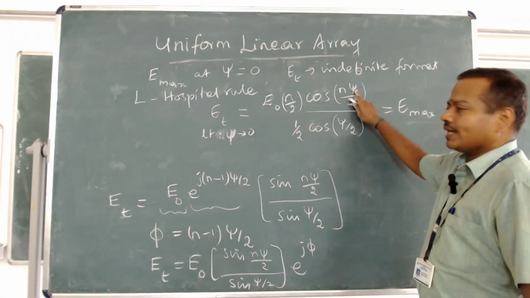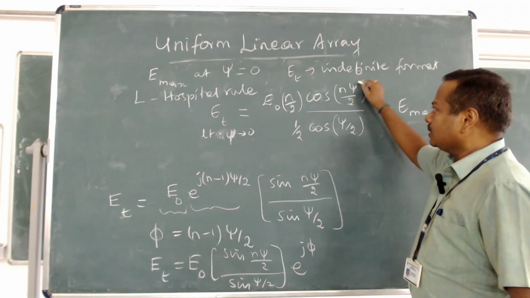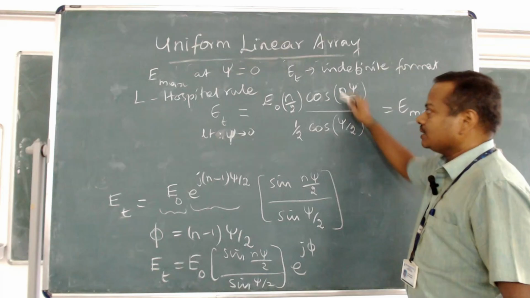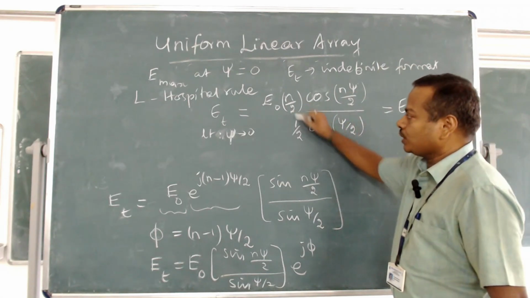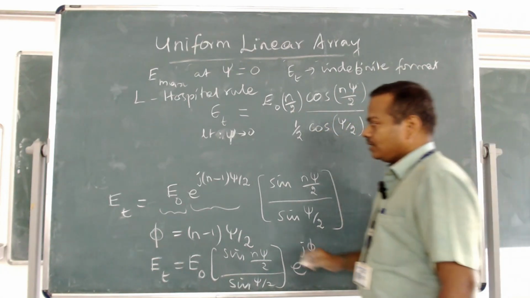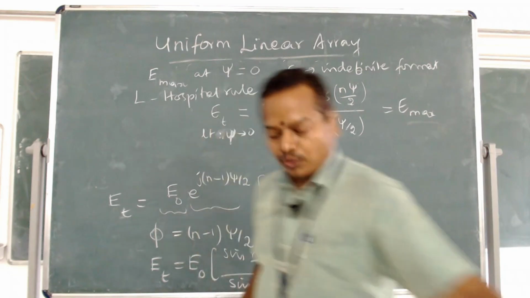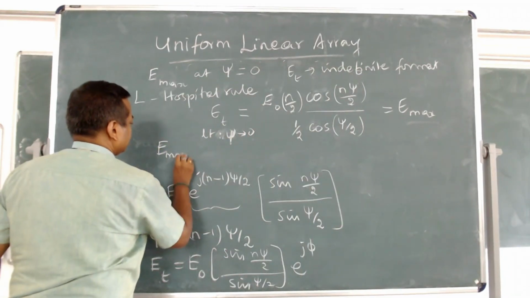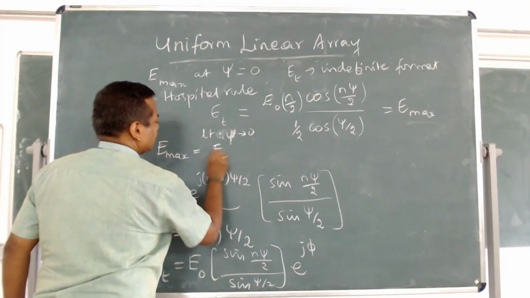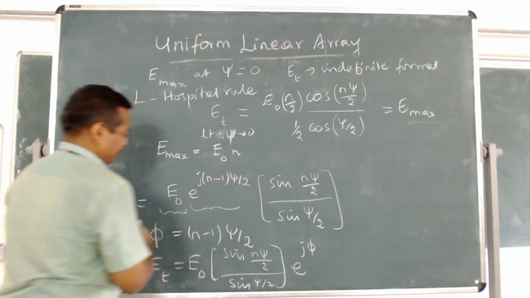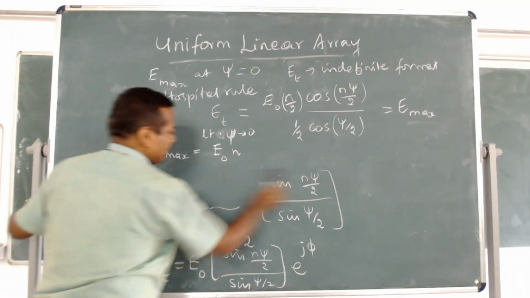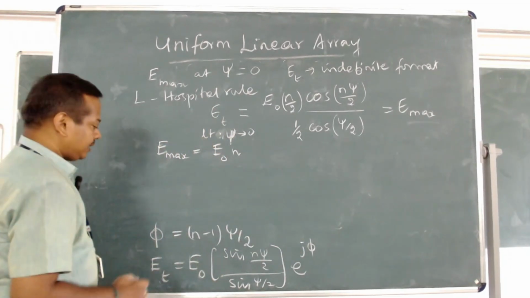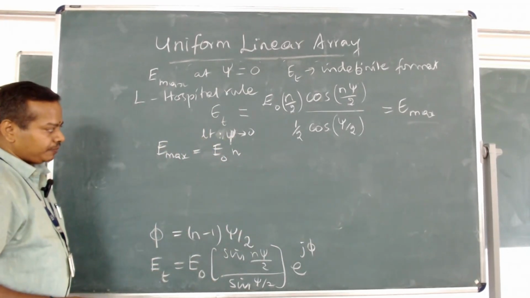Now if we substitute psi is equal to 0, the cosines become 1, and the 1 by 2 gets cancelled. So finally we get the maximum value E max as E naught into n, the maximum value of the radiated electric field intensity.